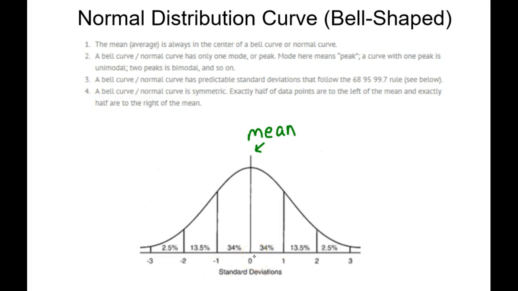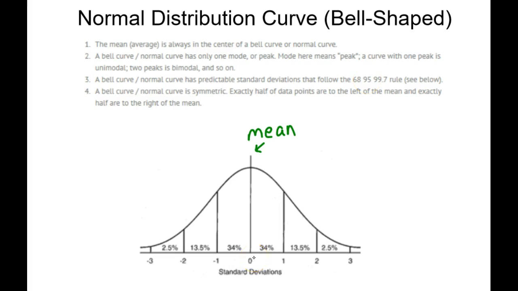If I start at the mean and I go two standard deviations to the right and two standard deviations to the left, now if I add up all these percentages, that is going to account for 95% of my data points. So if we look at rule 3, 68% accounts for one standard deviation. If we go to two standard deviations away from our mean, that accounts for 95% of our data.